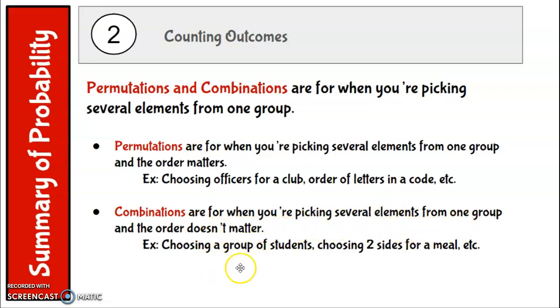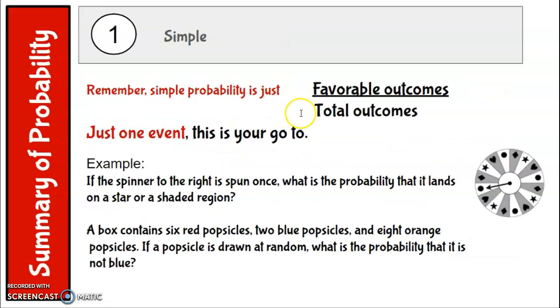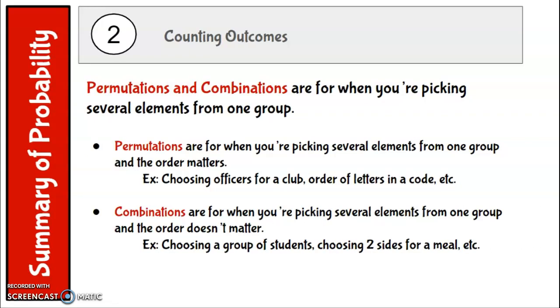If you're just choosing two students from a group of 8, or choosing 2 sides from maybe 8 sides for a meal, then you're talking about combinations. And again, all of these counting methods, the fundamental counting principle, permutations and combinations, are important for figuring out the total number of outcomes when we're talking about probability.